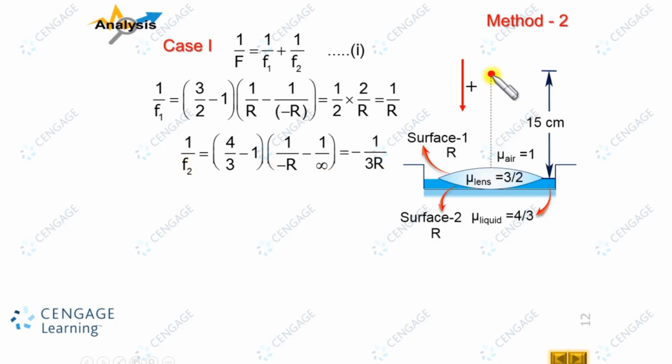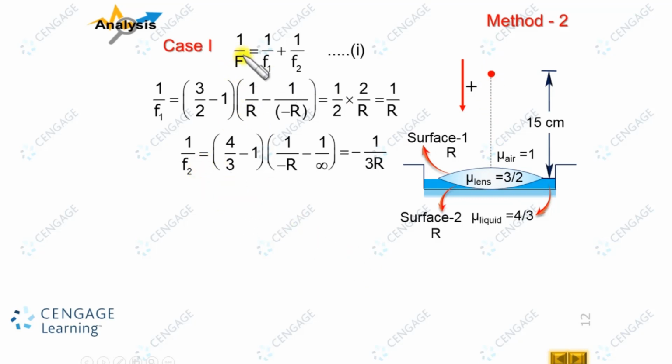Now we know the image and object both are coinciding. That means rays after passing through this system are incident on the mirror normally. That means after passing through the combination of the lenses, the rays are becoming parallel to the principal axis. That means this 15 centimeter should be the equivalent focal length of the system. That means F should be equal to 15 centimeter.